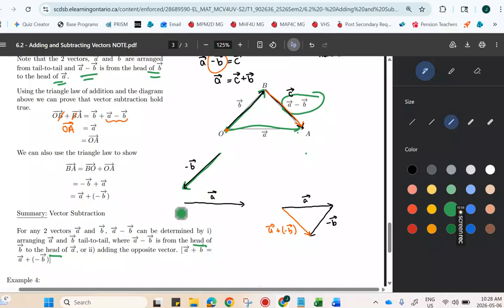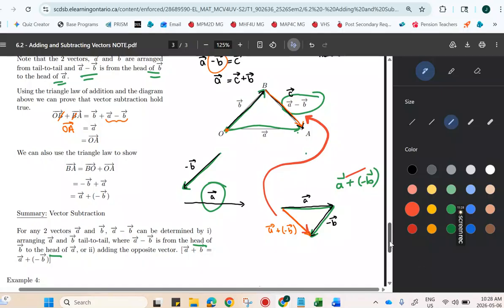So now, if I wanted to add those two together, vector A plus negative vector B, well, using vector addition, which is what we learned before, you get from tail to head A plus negative B. Well, is this not the same vector as the one we see here?